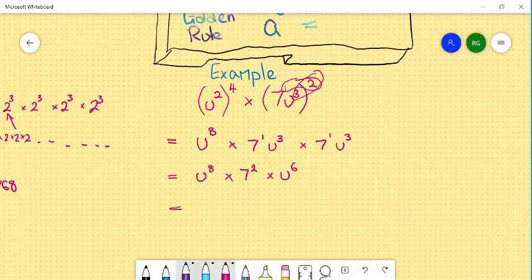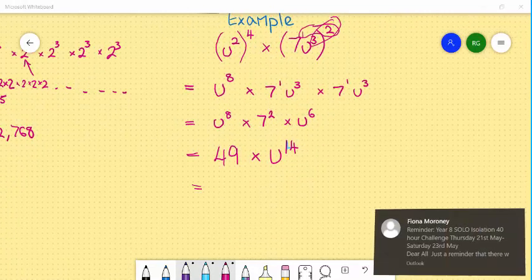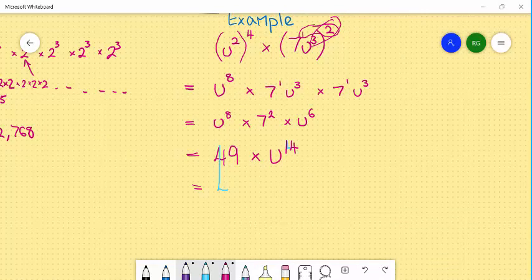Now, let's put the number out in front, so 7 squared, we can now call that 49. And u to the power of 8 times u to the power of 6, according to our index law from the previous lesson, remember where we add those two powers together when the bases are the same, we get u to the power of 14. And we rewrite that: 49 u to the power of 14.